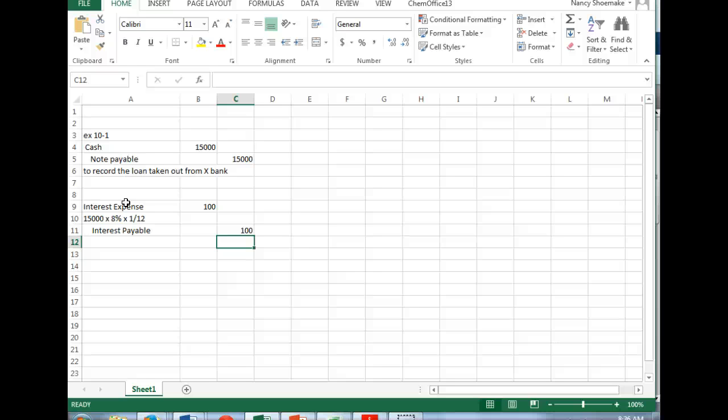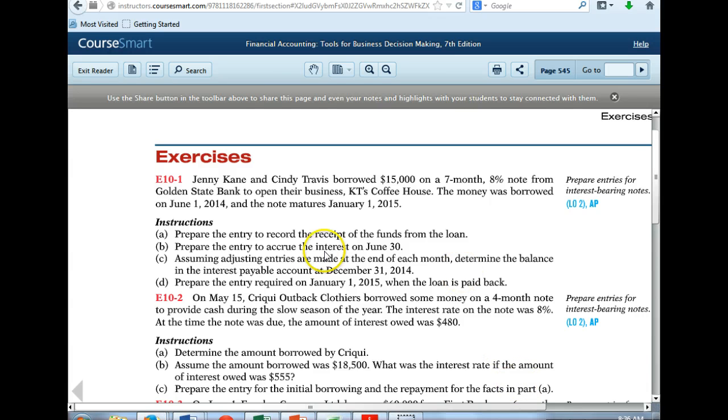Do you see how important it is to know it's only 1 month out of 12 months, and that interest rate is stated in an annual period? Okay, let's move back on. Another reason we know it wasn't cash: do you see how it says prepare the entry to accrue? If it said to pay, then it would be cash, okay?